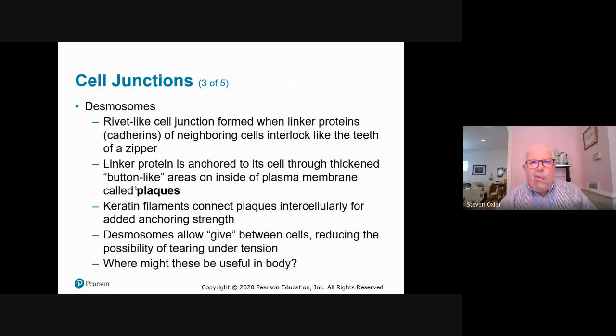Desmosomes are found in an organ or a cell that's under a lot of tension, like in the gastrointestinal system. When you eat too much, what does your stomach do? It enlarges. How about when you have to go to the bathroom and you have to hold it so your bladder fills up more and more? That's where desmosomes are. Tension, tension, zipper-like junctions.